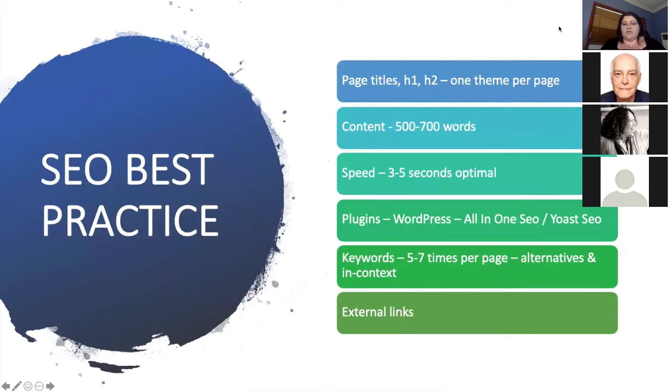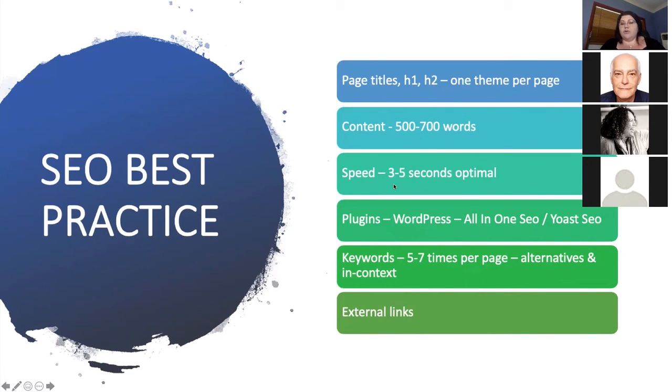So SEO best practice is making sure that you've got your high volume keywords in your page title, in your content, in the first paragraph, first sentence. Generally you'll have one main key search phrase per page that will be focused for SEO, your content, and bringing people to that particular landing page.